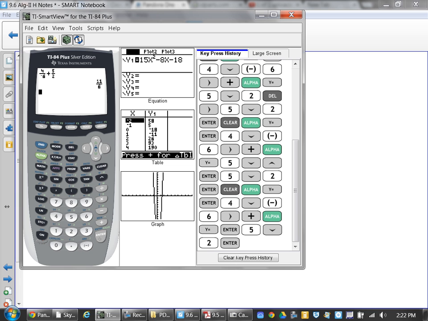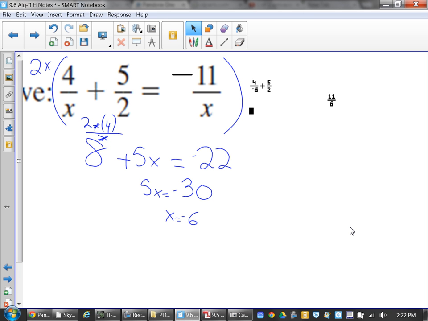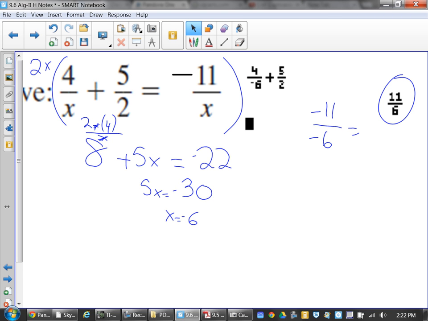And when I add those together to check my answer, it gives me 11 over 6. You agree? Yep. Now, it's supposed to be -11 over x. But what is x? So is -11 over -6 equal to this? Yeah. Then it's okay.